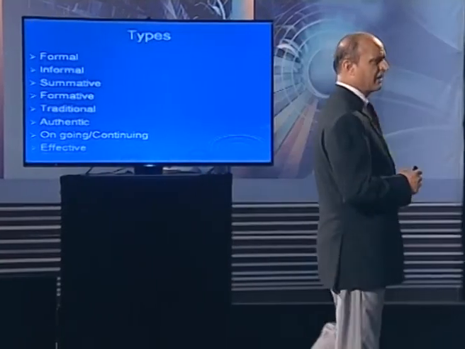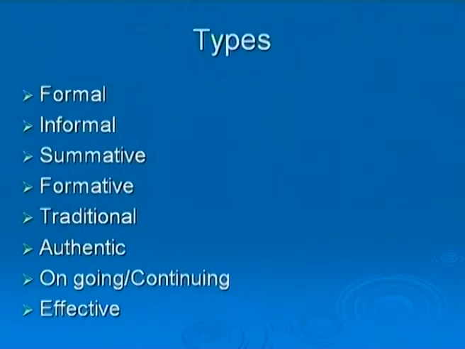Then comes ongoing and continuing assessment. Now there is a very subtle difference between formative assessment and ongoing assessment. In ongoing assessment, you are using formative, informal and even authentic types of assessment.